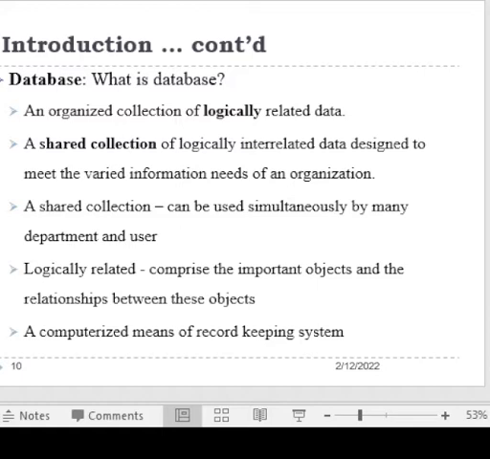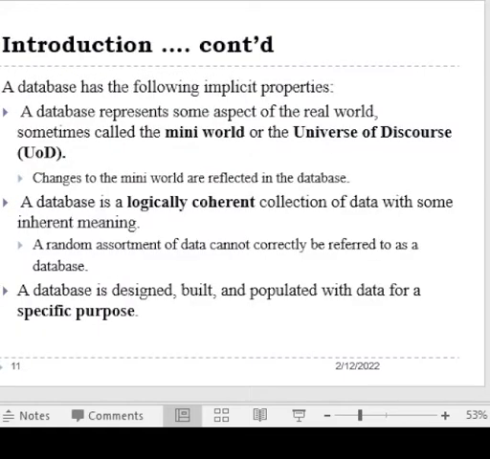This means any data or any file stored in a computerized manner is also what we call a database system. Any computerized manner of recording files is also a database.